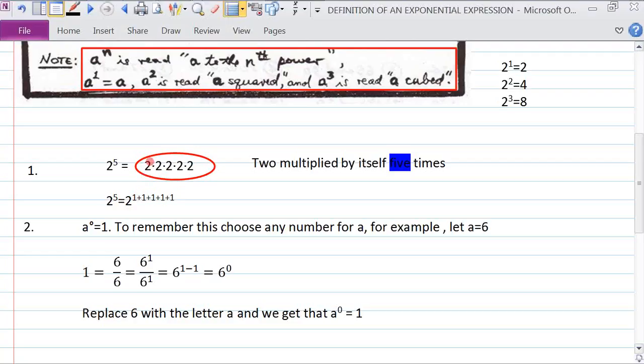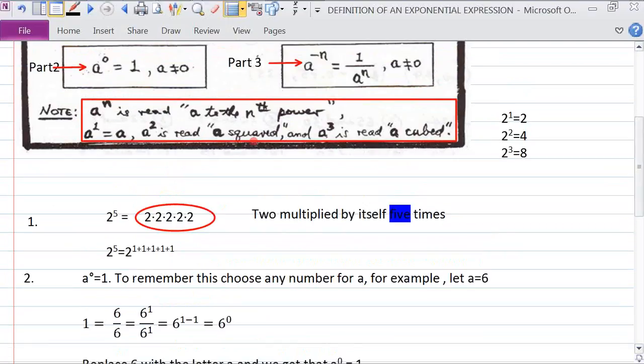Just as we don't put 1x in, we just leave it as x, there's an implied 1 here. So what we're really doing is adding 5 times these powers: 1 plus 1 plus 1 plus 1 plus 1 is the same as 2 times 2 times 2 times 2 times 2. So we add the power 1 five times and it gives us 2 to the 5th.